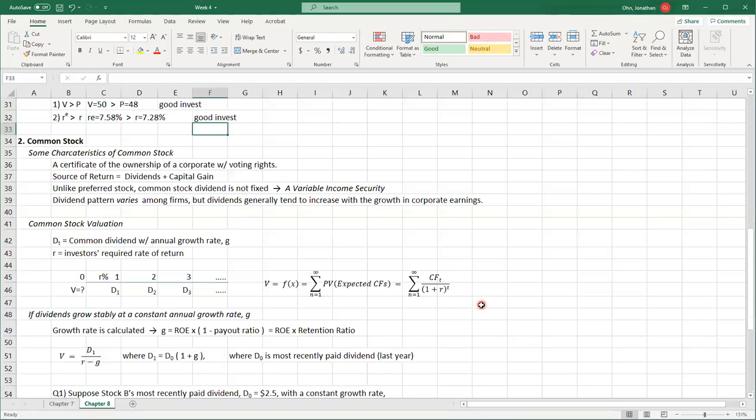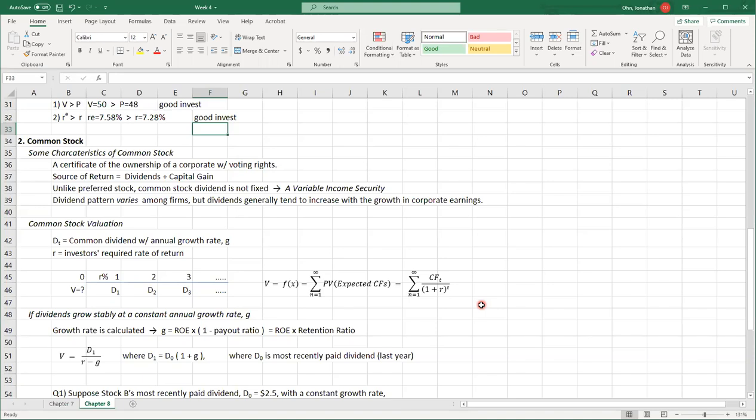The source of return, of course, is dividend income, and then capital gain, the price change. So the two sources of return from investing in common stock are the dividend income and the increase in your stock price.